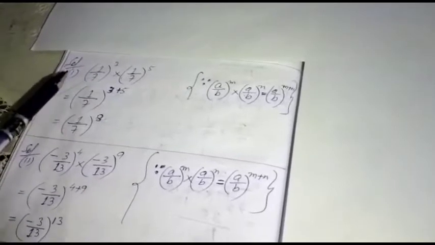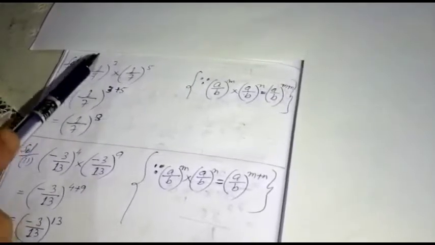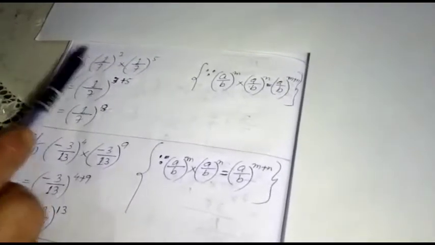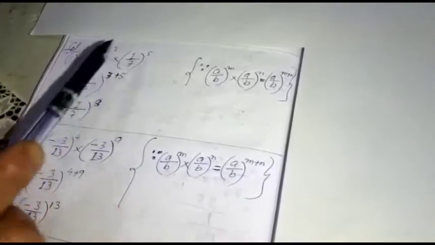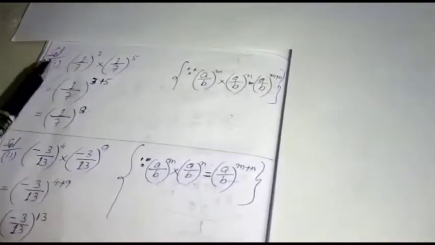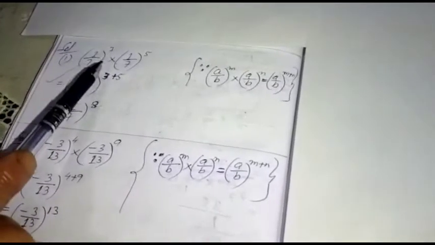Questions from simplification and expressing in the exponential form. I have taken (1/7) cubed into (1/7) to the power 5. It's like (a/b) to the power m into (a/b) to the power n. In this case, we have a common base with uncommon powers and a multiplication sign between them.